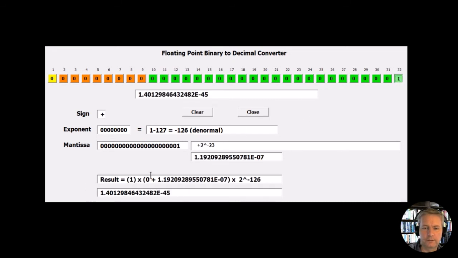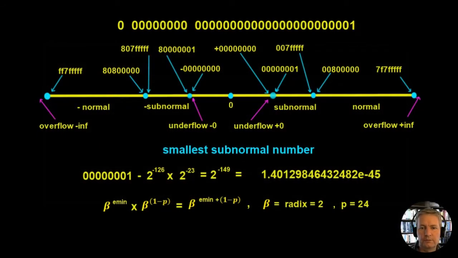So let's have a little look at this number in more detail. The smallest subnormal number is given by 7 zeros and a 1 in hex, and we've seen that number above here. It's the 32 bits with a single 1 at the end. This number is going to be the exponent value times the mantissa value. Now the exponent value gives us the window that's closest to 0, so that's a power of 2, which is minus 126.